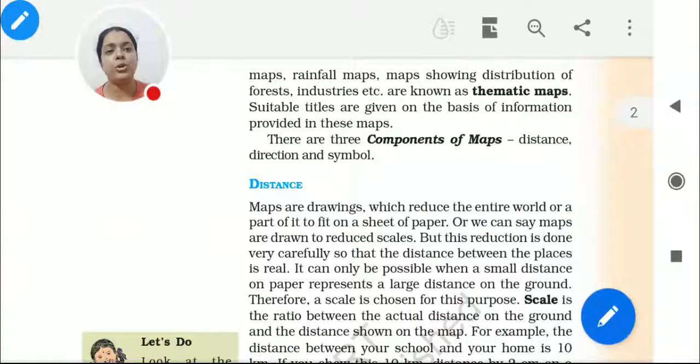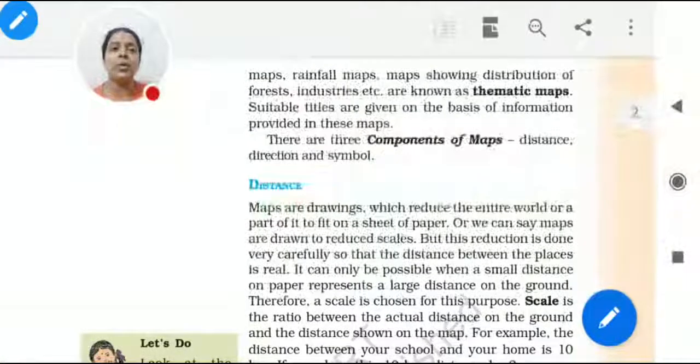Here a specific topic is to be located on the map, and that is known as thematic, meaning theme based.